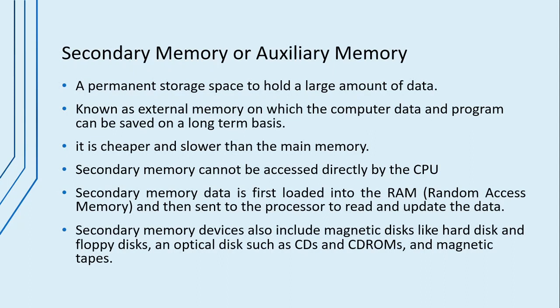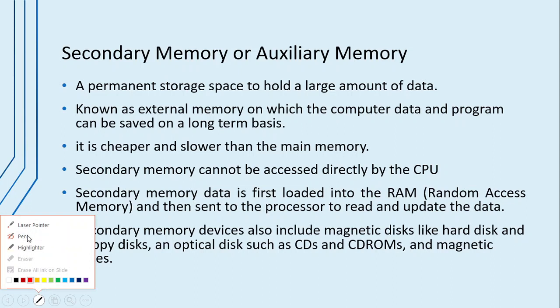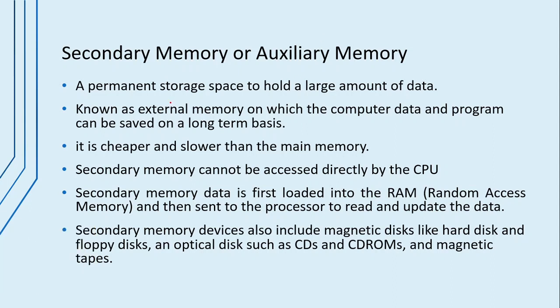Auxiliary memory is also known as secondary memory. Auxiliary memory provides extra backup storage by using different types of disks, tapes, and drums. Permanent storage space to hold a large amount of data is known as secondary memory.